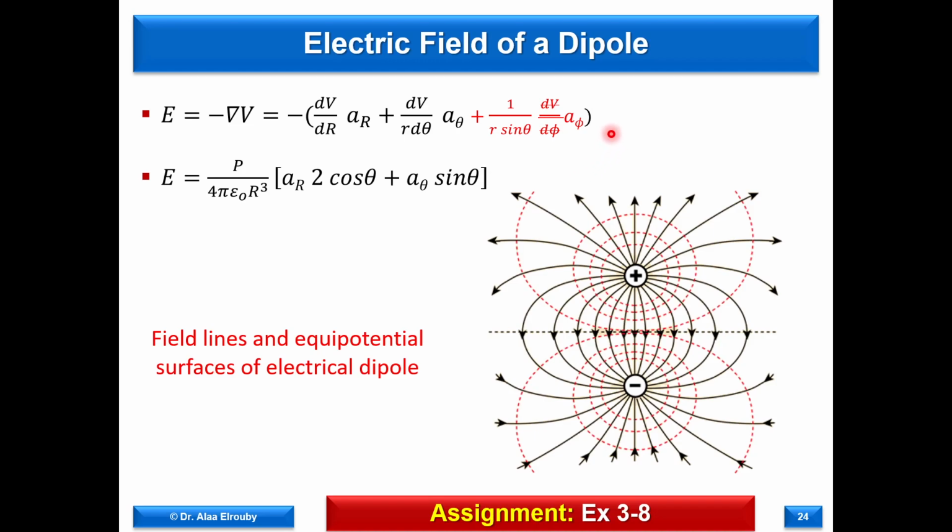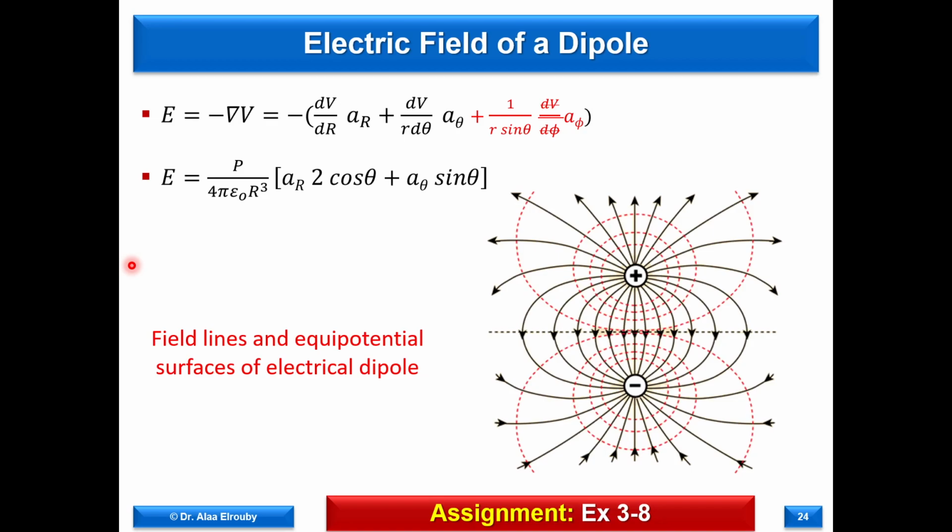We have no dependency on phi, only dependency on r and theta, and we have two components, ar and a theta, which is the same expression we reached in the previous lecture using the vectorial summation of the electric field because of the positive charge plus the electric field because of the negative charge.